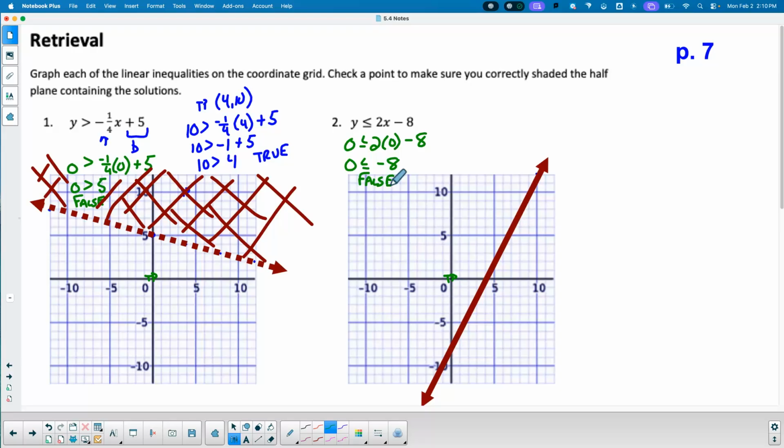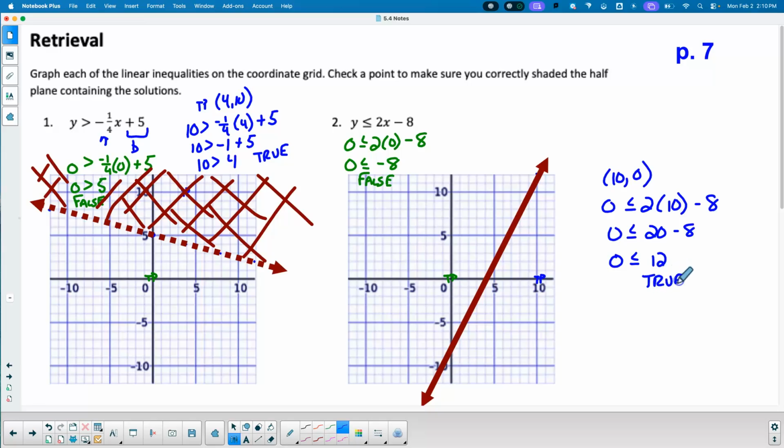So I get a false statement there. Confirm it on the other side. Let's go with 10, 0. And 0 is less than 12, so that's been confirmed.